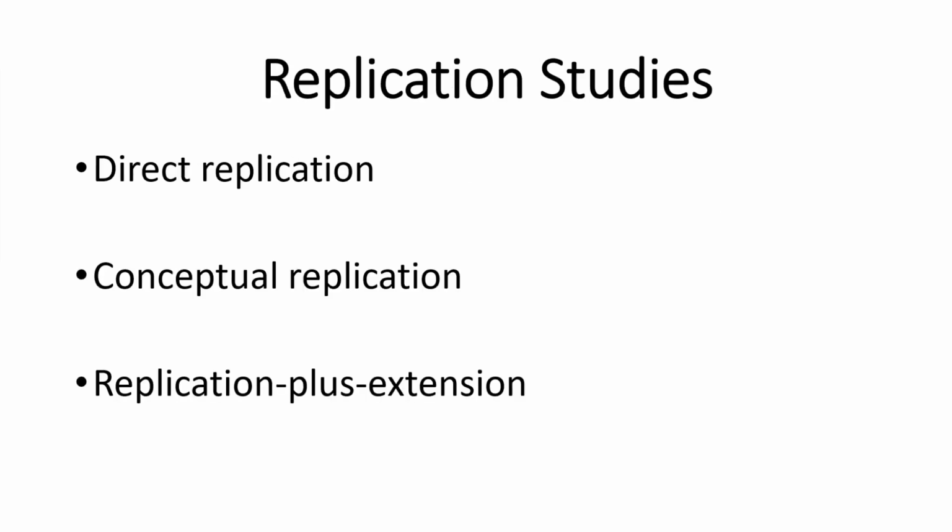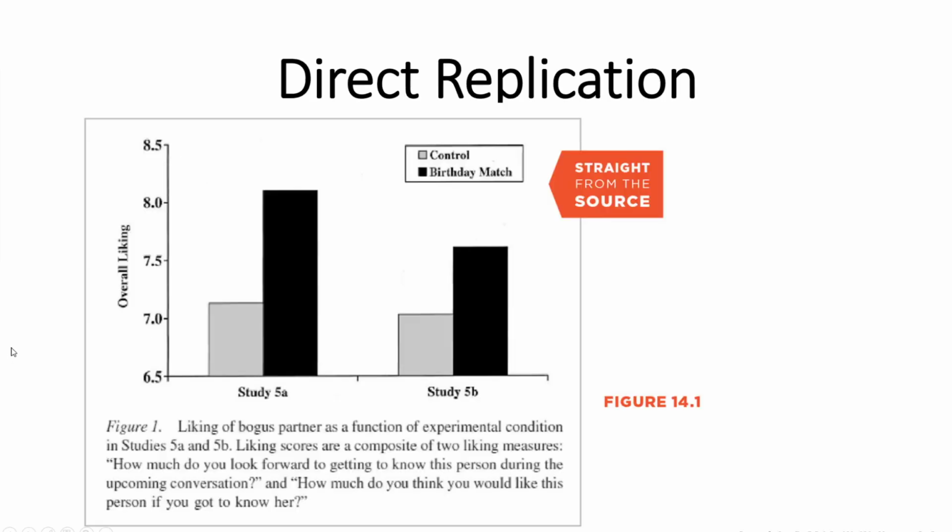So for our replication studies, we can talk about three types of replication. We can have direct replication, conceptual replication, and replication plus extension. We're going to go into examples of each of these to help illustrate why we might use any of these types of replication to look at research. With direct replication, which is sometimes called exact replication, the original study is repeated as closely as possible.